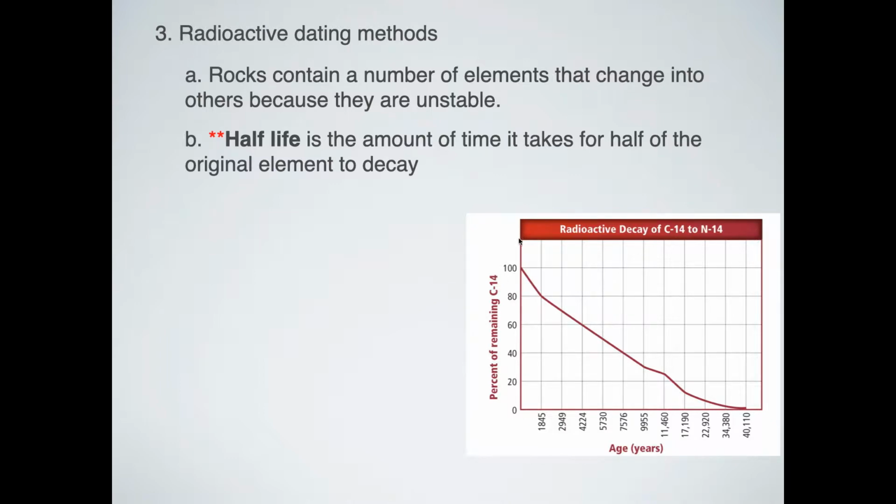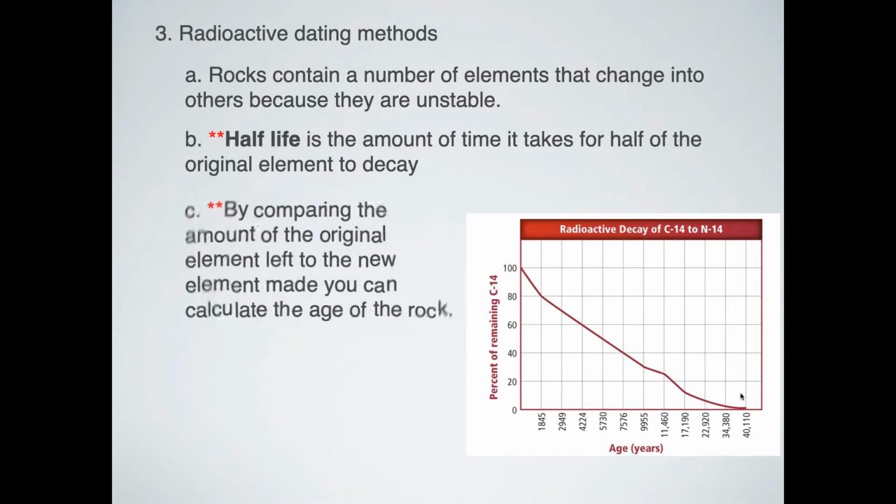So this is what we're looking at, a graph, and based on how much carbon 14 remains inside of that item, we can figure out how old it is, relatively, right? All we really need to do is compare the amount of the original element that's left to the new element that was made, and you can calculate the age of the rock that way.